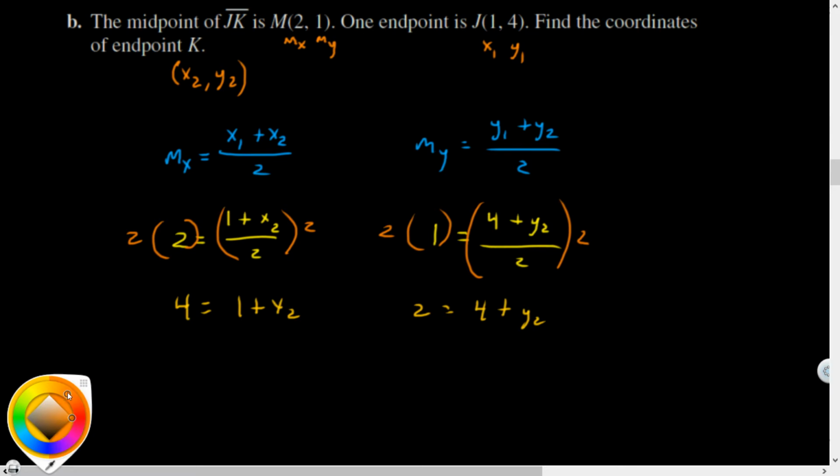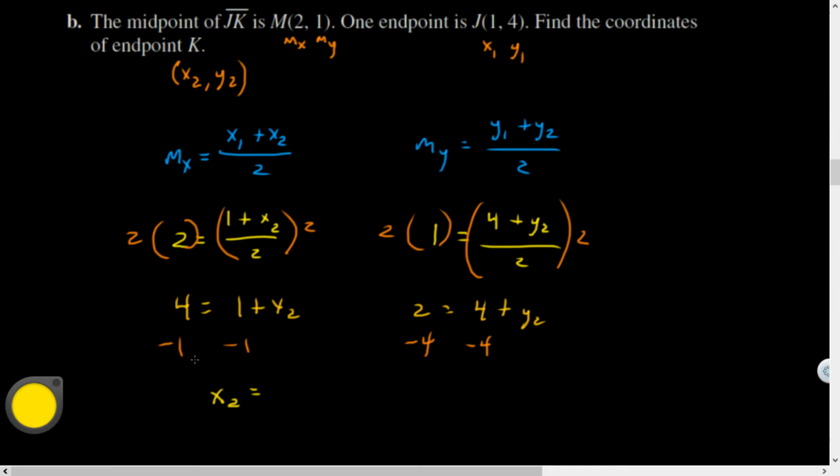And you guys can probably tell we're just going to subtract 1 from both sides here and subtract 4 from both sides there. And I'll get x2 is equal to 3, and y2 is equal to negative 2.